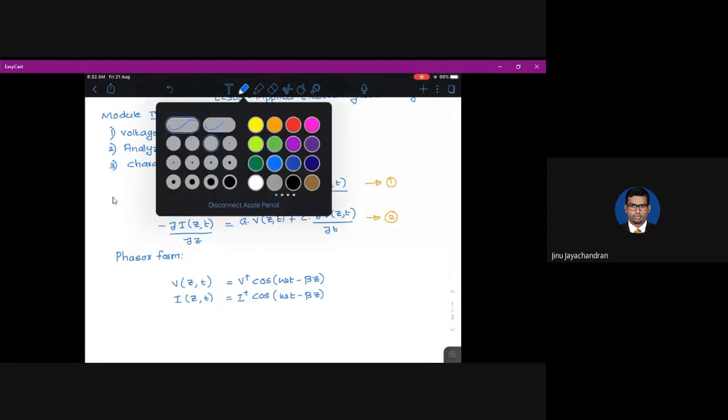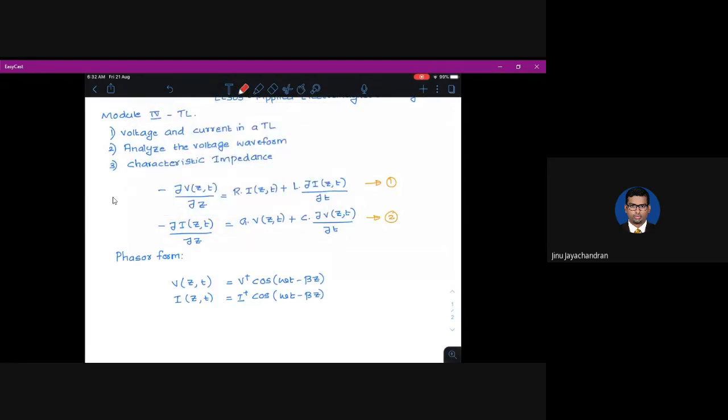And again, I am repeating. So this has variation in time, variation in position. So this is for time variation, and this is for position variation.